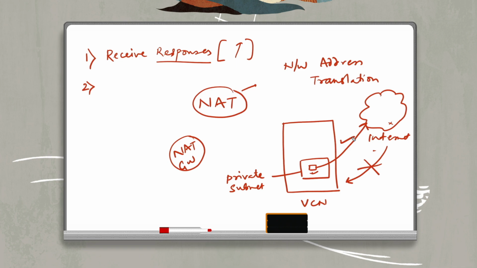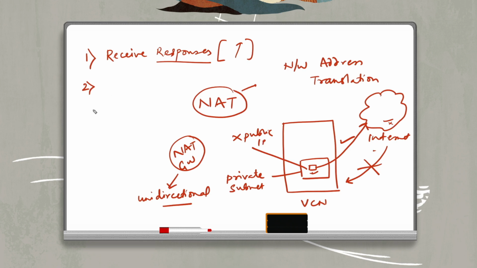So they can initiate connections to the internet and receive the responses, but when they receive inbound connections initiated from internet, that is going to be denied. So unlike internet gateway, it is unidirectional in nature. Now the other thing is, for this outbound traffic, because these instances don't have public IP address, what is going to be the source IP in case of outbound request?